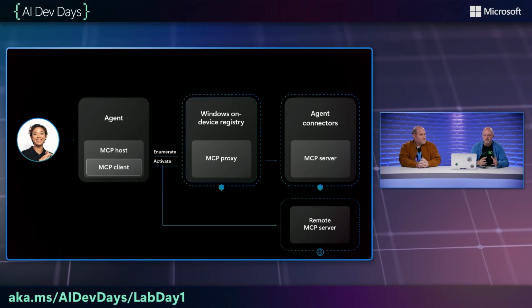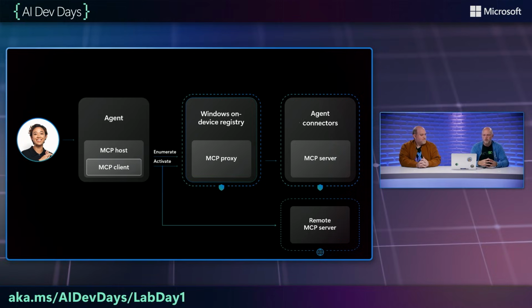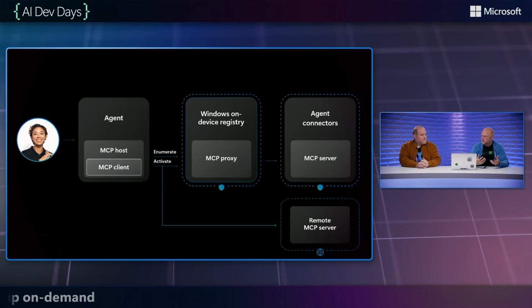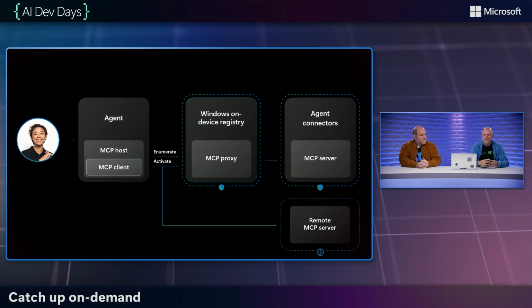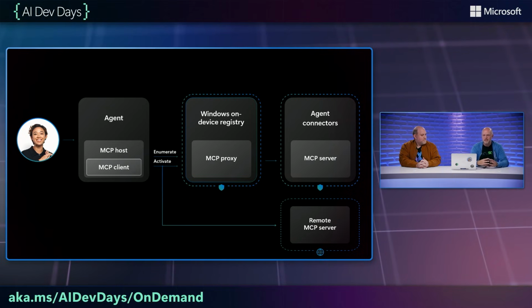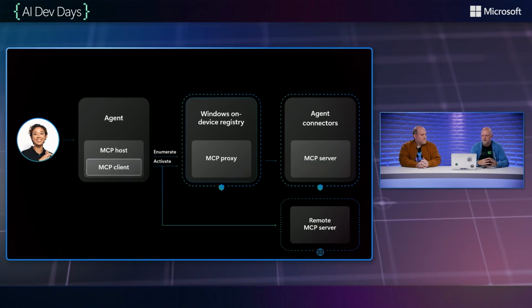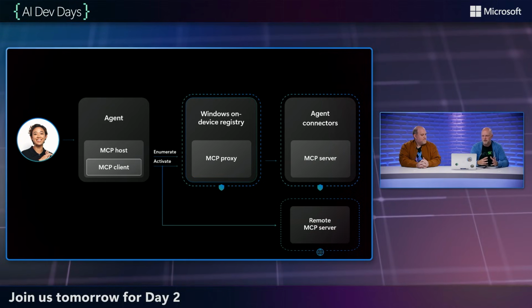And it contains a proxy for managing activations of those servers so that we can run them in a secure way and get them isolated and contained and restricted in the ways that we feel is the right ways for the specific servers.